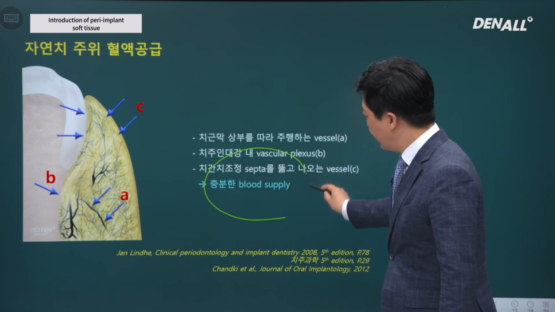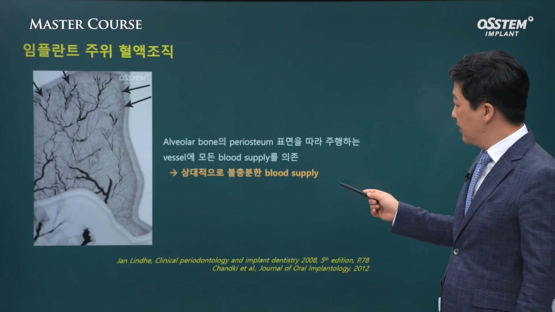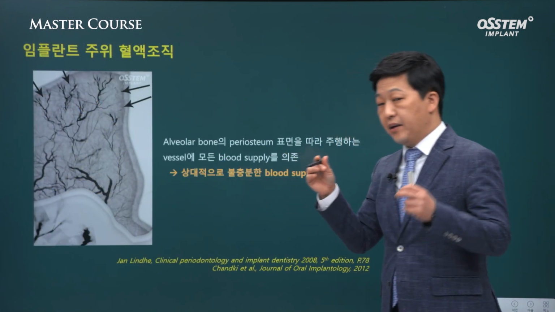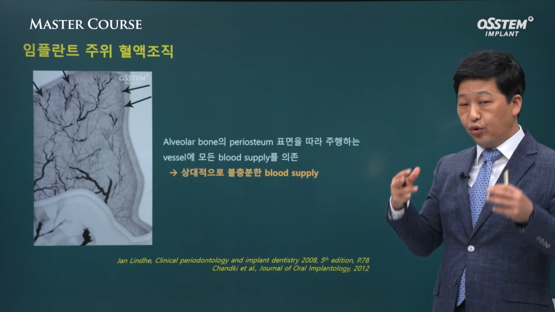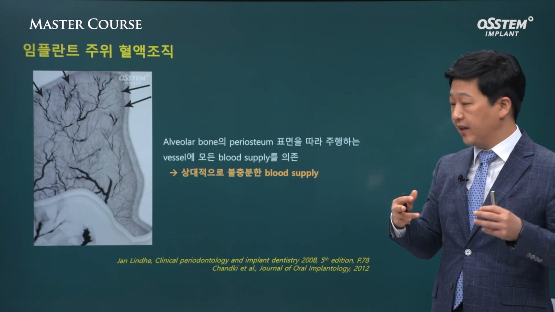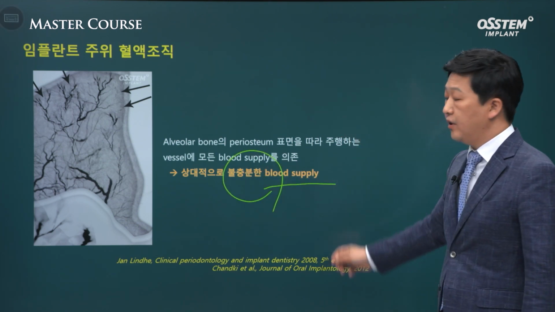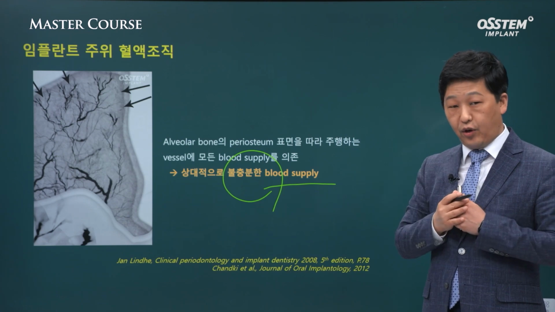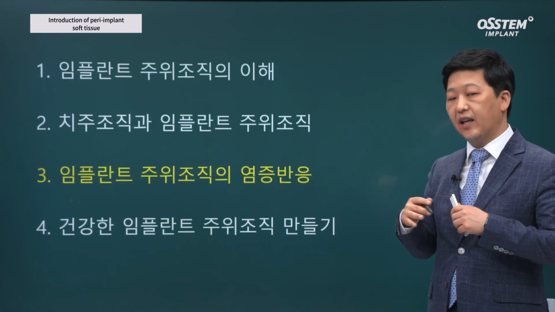Therefore, sufficient blood supply is available. However, around the implant, it is quite limited. The blood supply primarily comes from periosteum. Comparatively, therefore, it is insufficient. Reduced blood supply means reduced healing capacity.